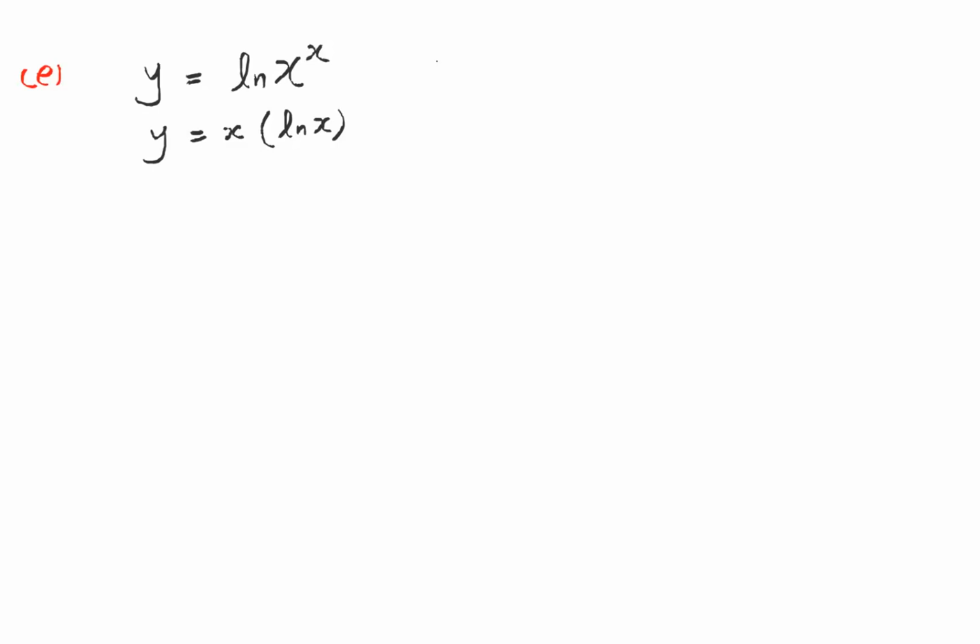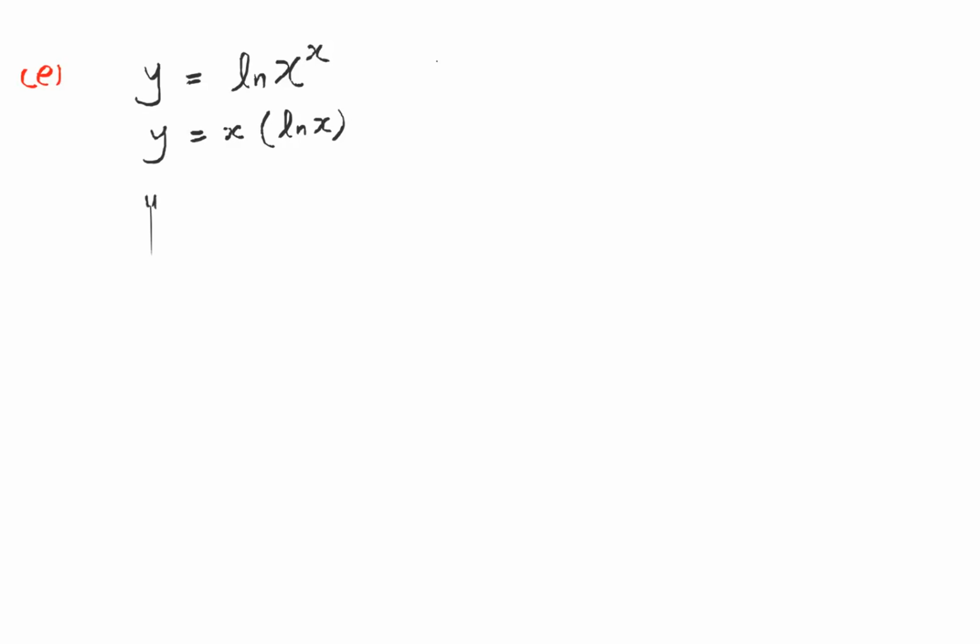Okay, got the answer? ln x plus 1. Am I right? Okay, so I will work it out for you to see. Never mind, those who are working, you have to work fast.